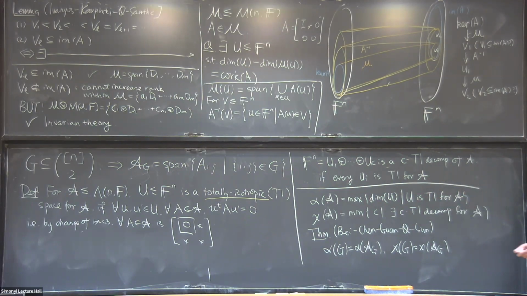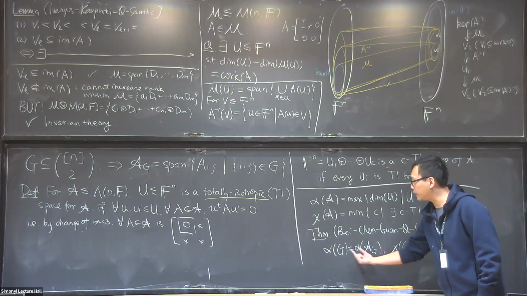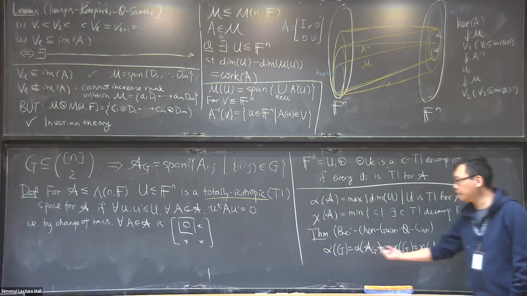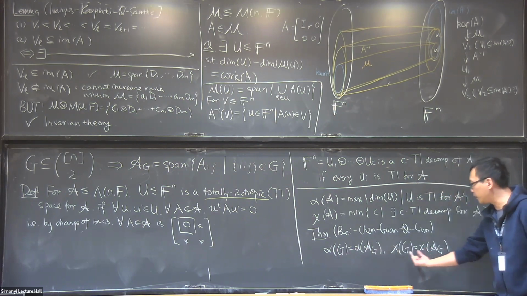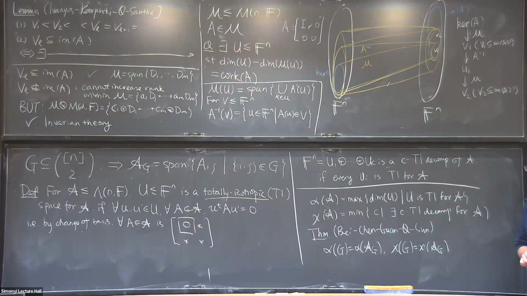Okay, so if you go to the graphical matrix space, the totally isotropic number equals the independence number of the graph. The chromatic number of the graph equals the TI decomposition number of the matrix space. Okay, so that's usually the first step, right? We are building this connection. This seems to be making sense.